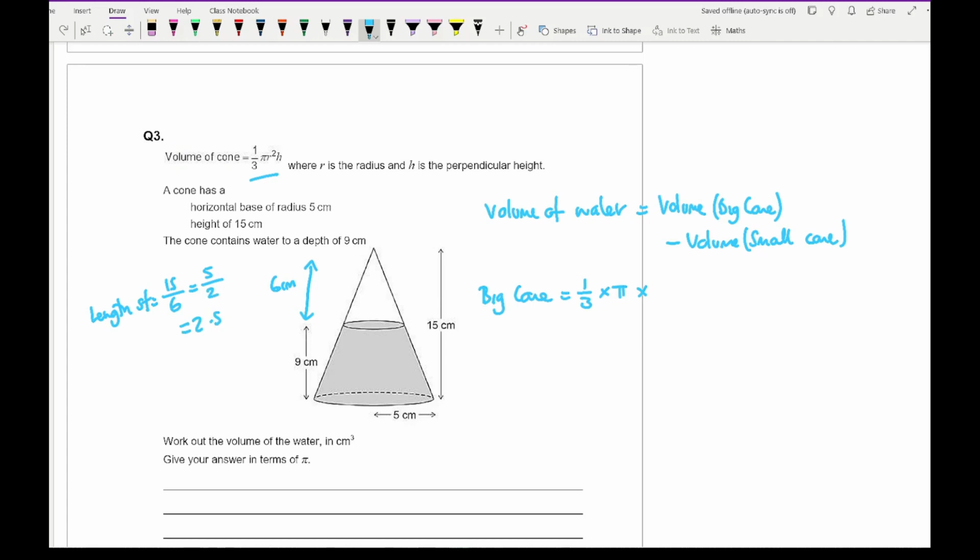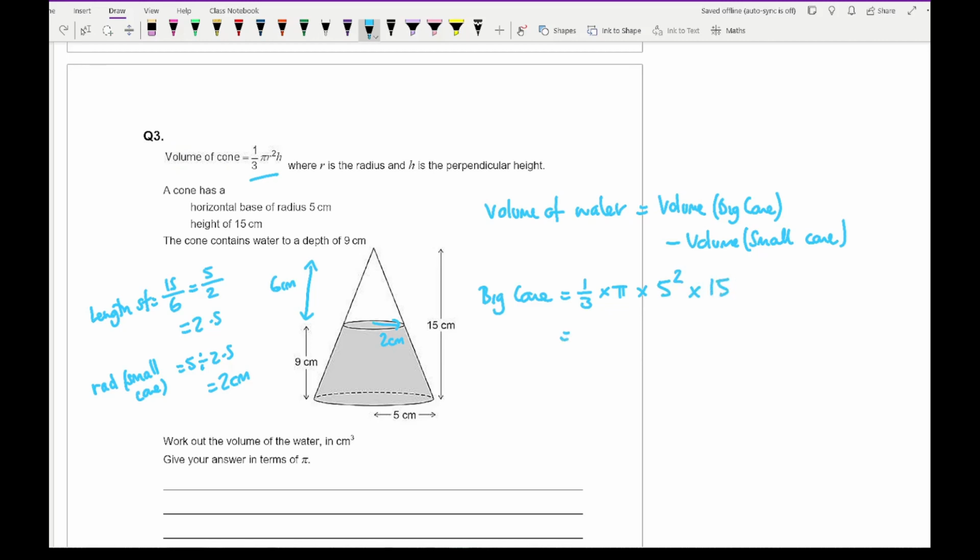So the radius of the small cone is going to be 5 divided by the scale factor, 2.5, so that's going to be 2 centimeters. Then going back to the big cone, it's going to be 1/3 times pi times 5 squared times the height of the big cone, which is 15.